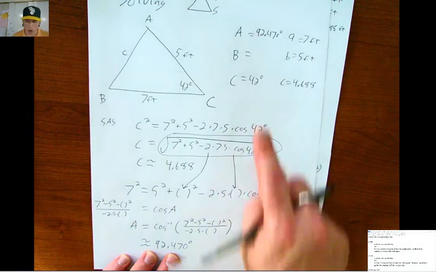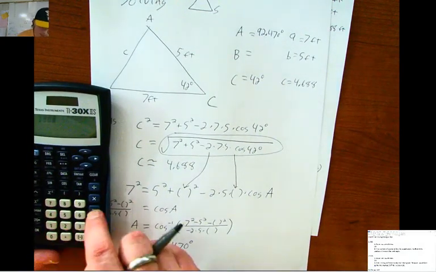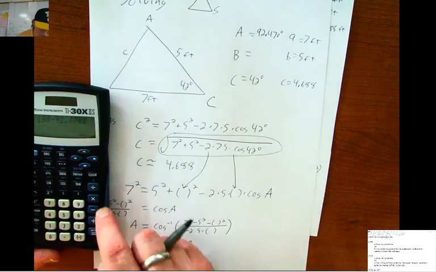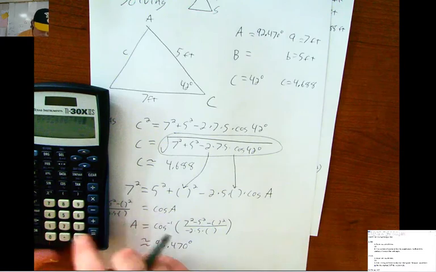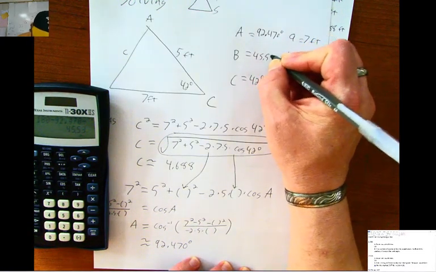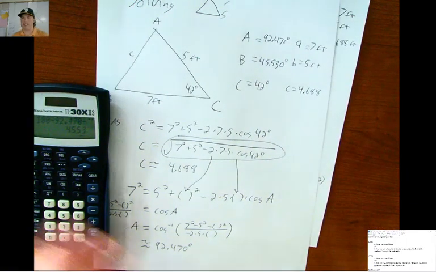And then I have 180 degrees minus 92.470 minus 42, and that gave me 45.530 degrees, and that's my answer.